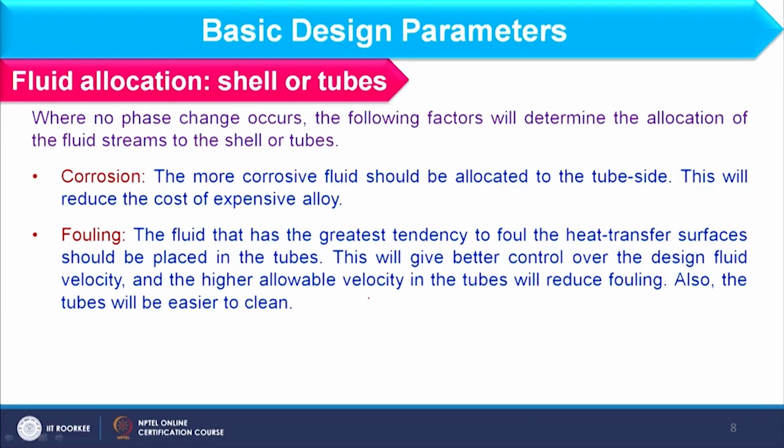So, if you find that the fluid is highly reactive to the material, allocate that fluid to tube side, okay. Whatever work you are doing, just do it with the tubes. So, high corrosion fluid should be allocated to tube side, and the reason is very simple: to avoid that corrosion we can use special alloys, and the cost of that material is very expensive.